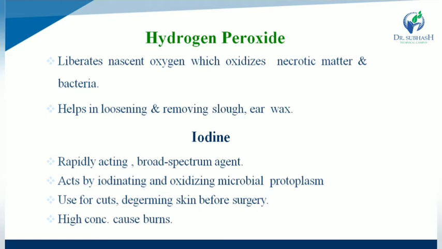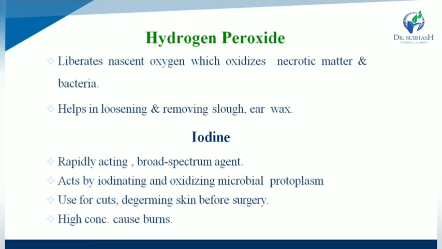What is the role of iodine? Iodine is a rapidly acting broad spectrum agent. We already discussed what a broad spectrum agent is. It acts by iodinating and oxidizing microbial protoplasm, and is used for cuts, degerming skin before surgery, and high concentration causes burns.